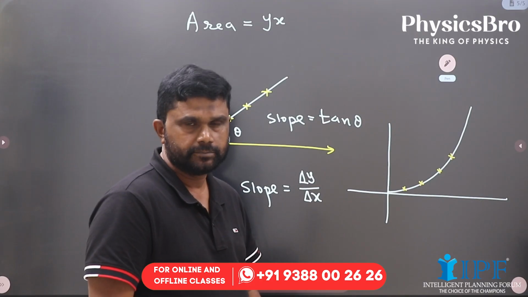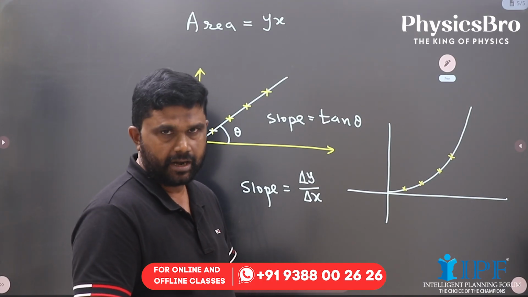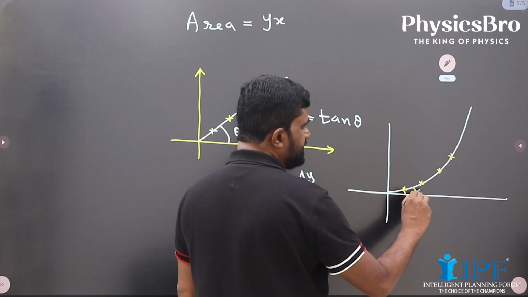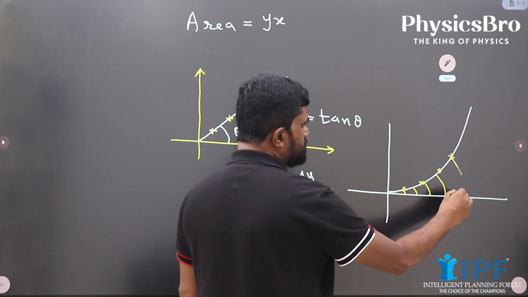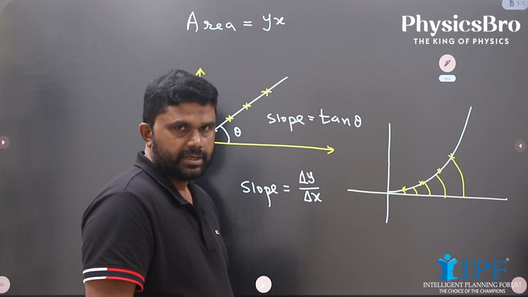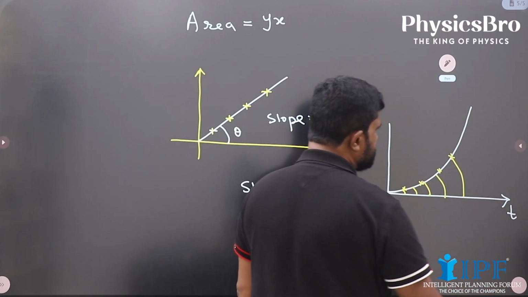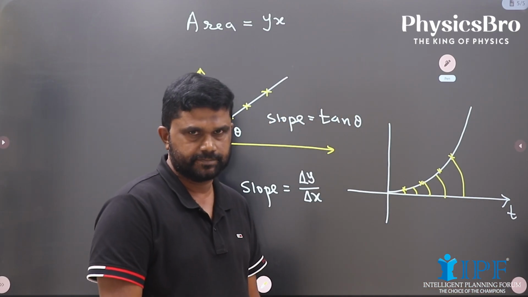This is a parabola. How do we find the slope of this graph? Everywhere it will be making different angles with the positive direction of x-axis. Here time is plotted along the x-axis.